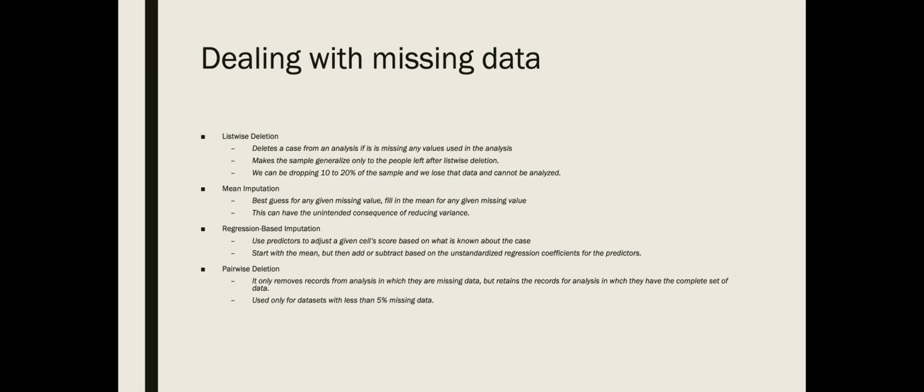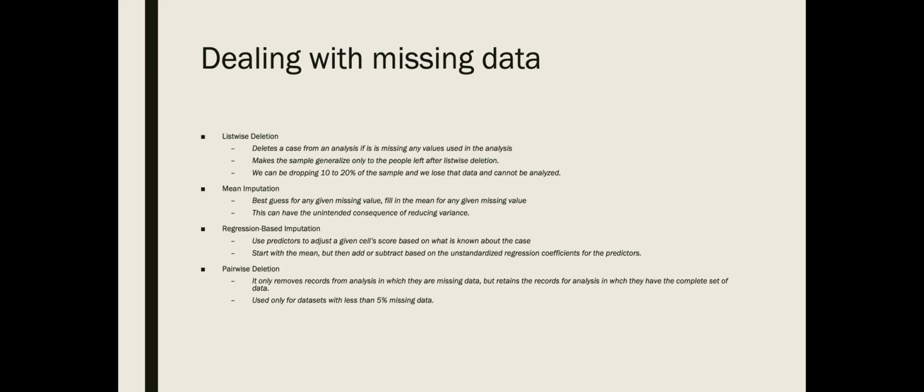So how do we deal with the missing data? There are a few methods to use. The first one is listwise deletion, where we delete a case from an analysis if it's missing any value used in the analysis.